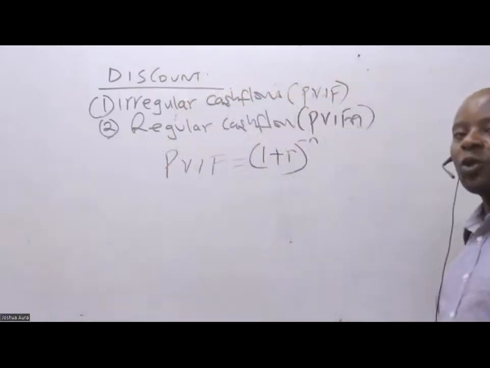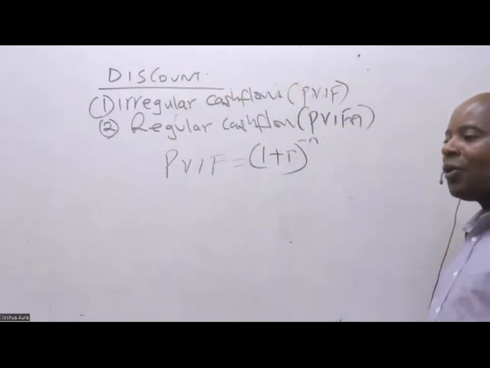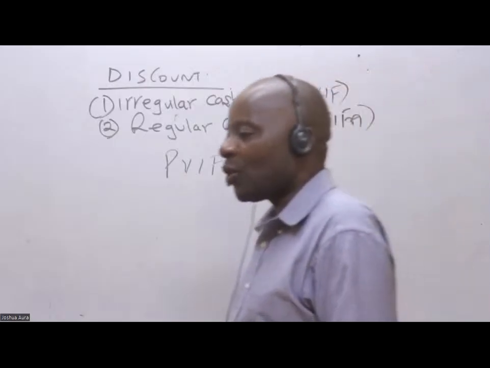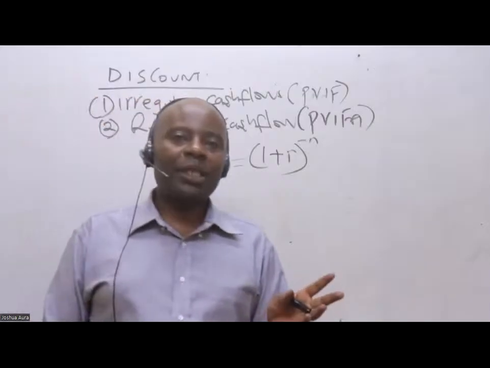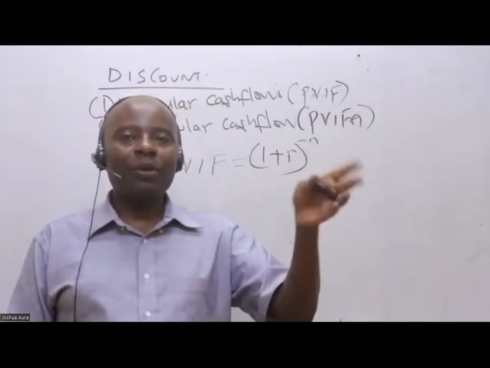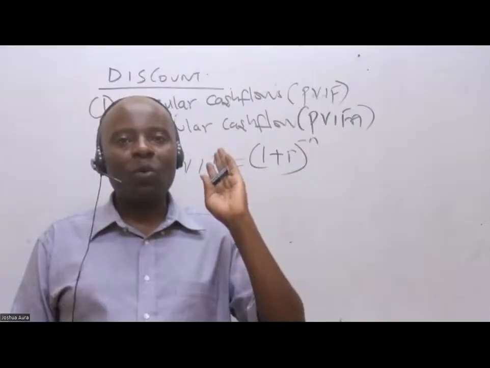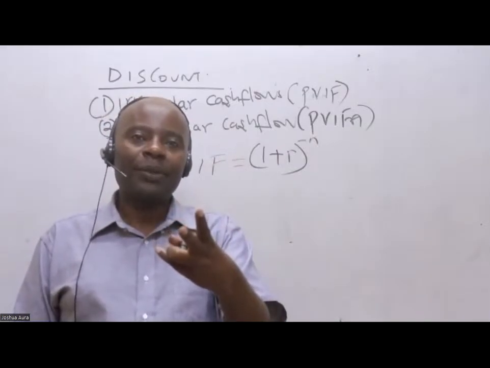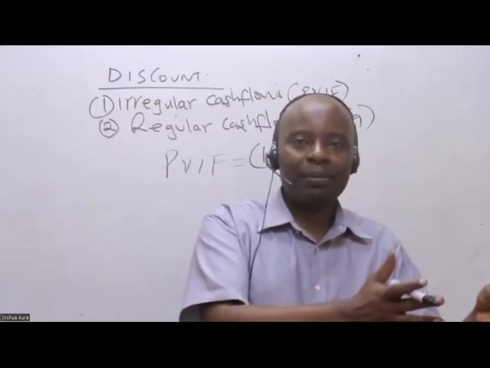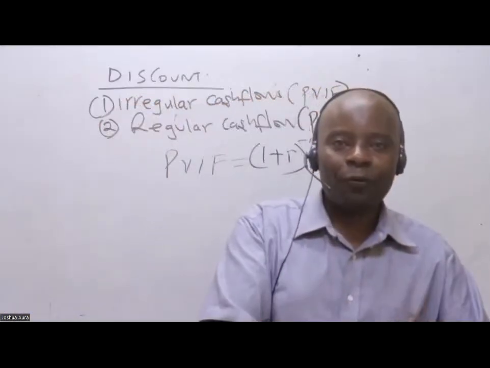So anytime you are told, like now here, that Jacqueline is quite a lucky lady. She's done some business, and there is somebody who has promised to give her 1 million Kenya shillings in 2 years' time. So the 1 million is a lump sum, receivable one-off, right?